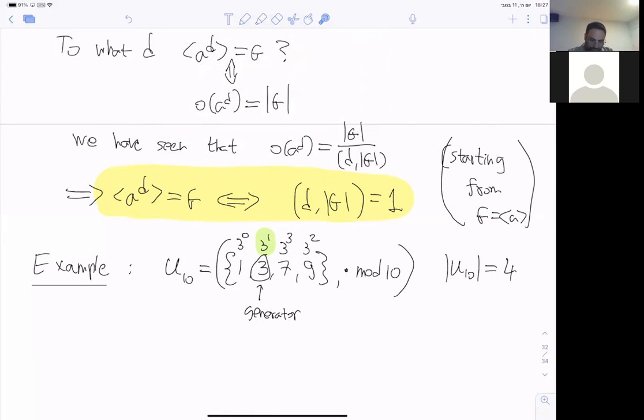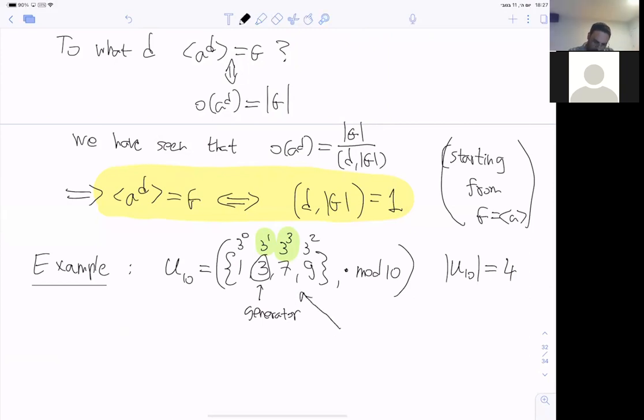Okay, if 3 is a generator, then we have said that any power of this generator such that this power is co-prime to the order of the group will be another generator. So what can I take from here? 3^3, which is 7.